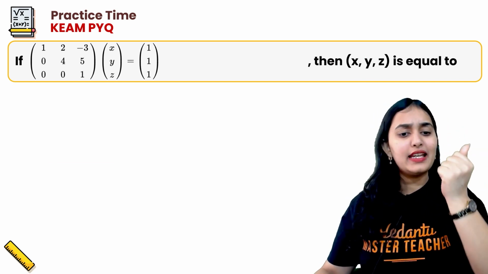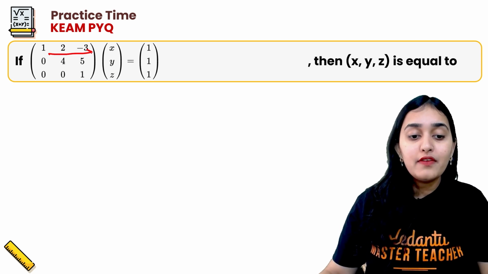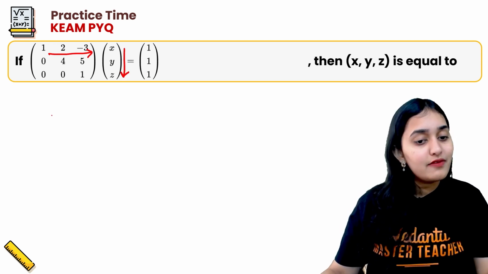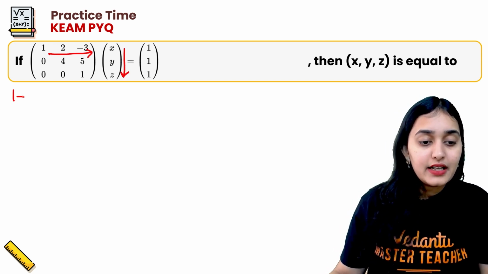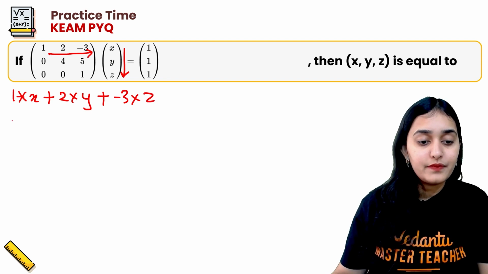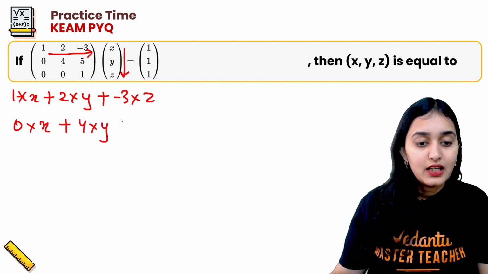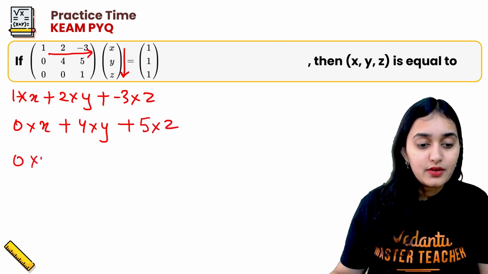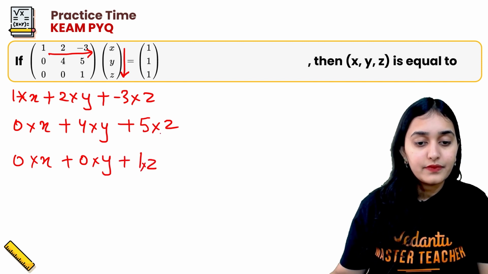Next question, again an equality of matrices based question. Let's do quickly the multiplication. Row number 1 multiplied with column number 1. So it is 1 into x plus 2 into y plus minus 3 into z. Then 0 into x plus 4 into y plus 5 into z. And 0 into x, 0 into y and 1 into z.